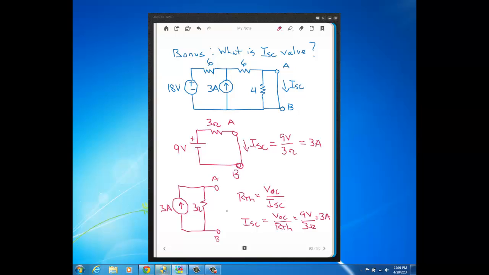And we would get the same answers: if you put a 1 ohm resistor here, you would find that you get the same answer for the current through the load as we did previously.